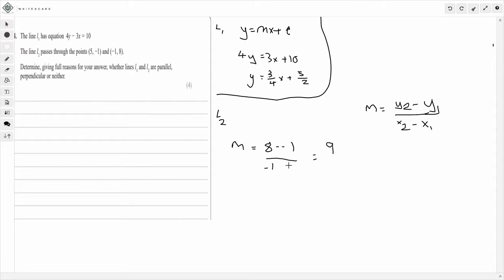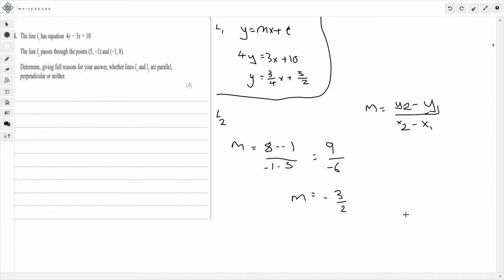That's my x1 coordinate here, 5. So minus 1 minus 5 is going to give me minus 6. So let's cancel that down. That's going to be minus 3 over 2. So that's my gradient here. That's my m for L2.